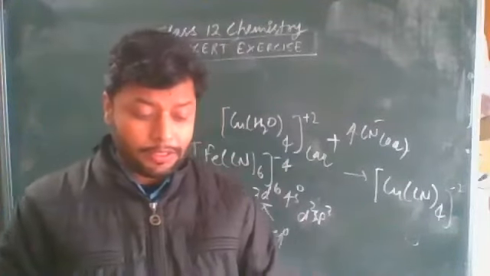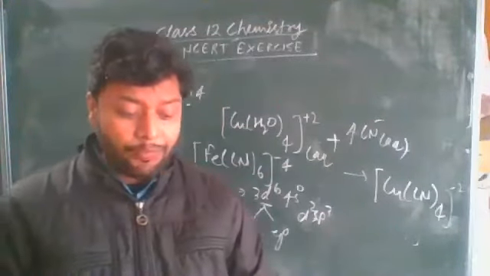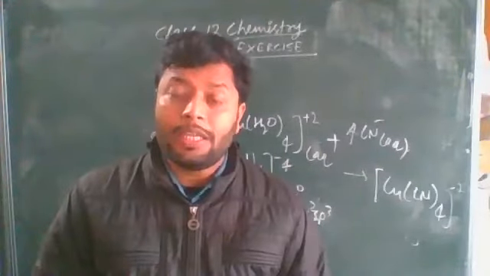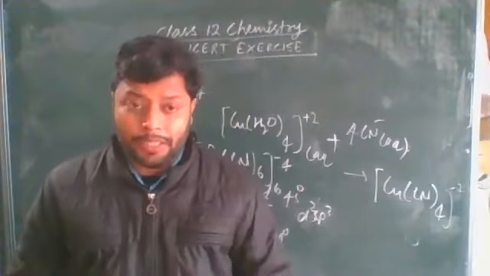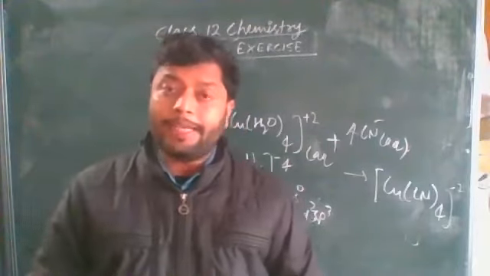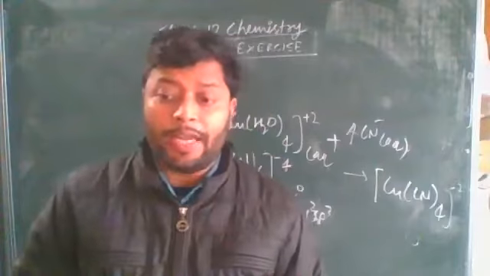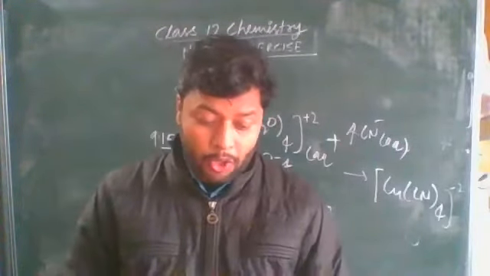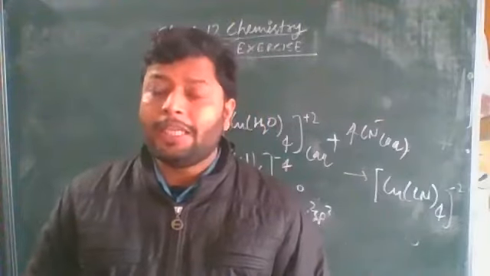Next question is 9.16. Draw a figure to show the splitting of the d orbitals in an octahedral crystal field. The splitting in CFT for octahedral I already explained in the previous lecture, so you can go through the previous lecture to learn all this. What is the spectrochemical series?